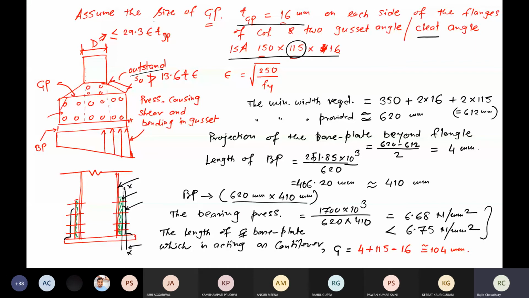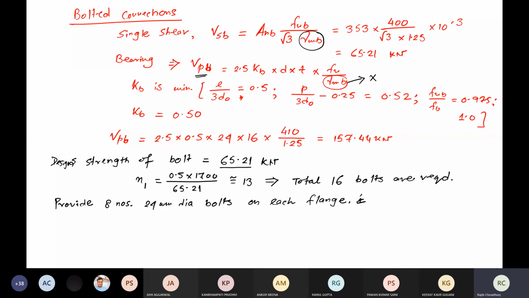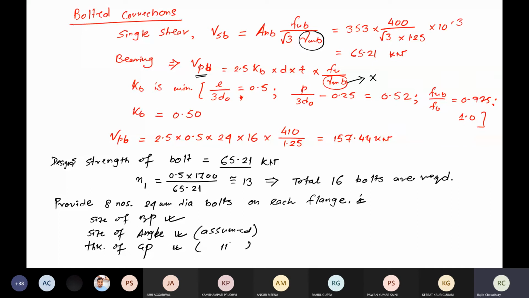So at the end of the day, the size of the base plate is done, the size of the angle is done or assumed, and the thickness of the gusset plate is also assumed. That means it is done.